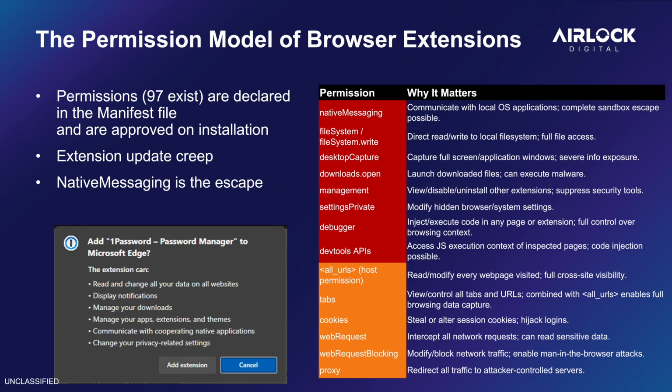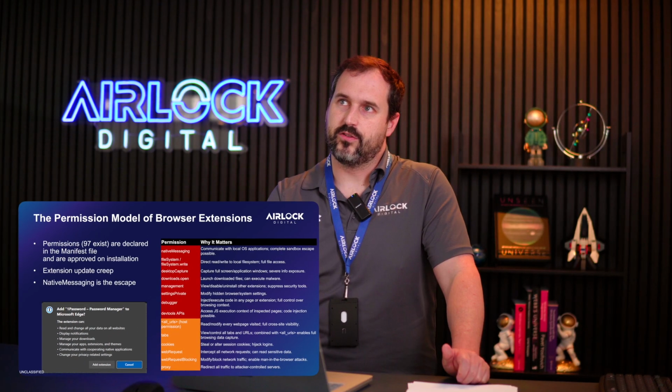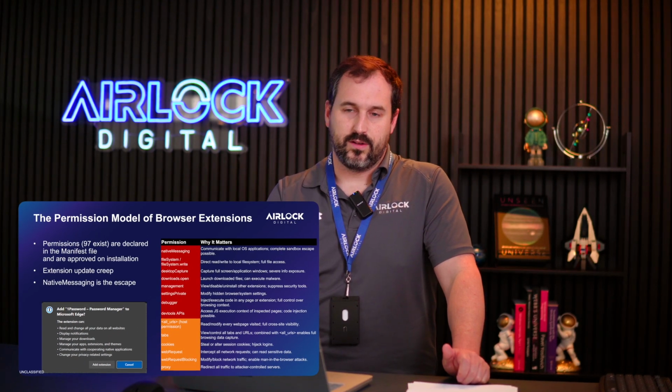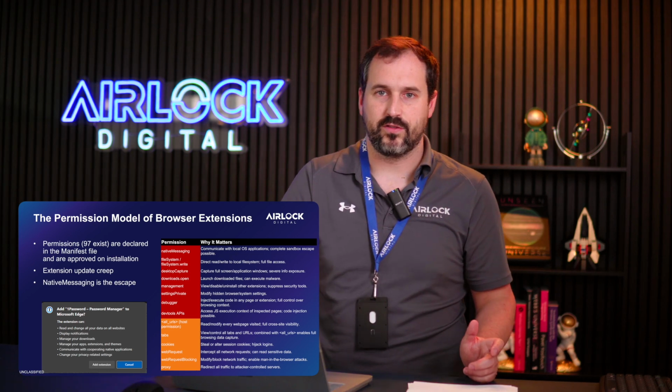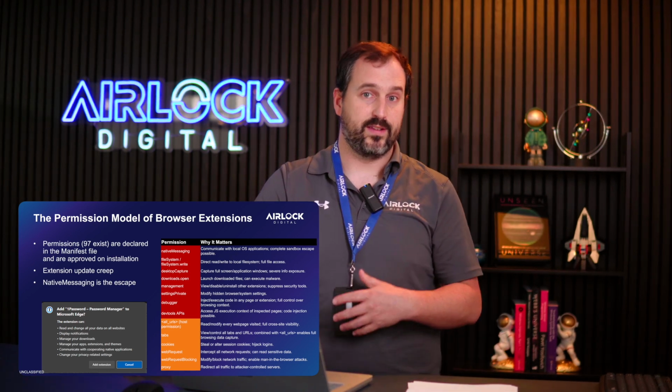So there's a table on this page which shows a number of different permissions, and different permissions are associated with different risks. The permissions up in the top red are ones that we think are higher risk permissions. There is native messaging, which is probably one of the highest risk ones, and think of native messaging as similar to link handlers. Basically, it's a pipe to an application that's outside of the browser that allows you to send data through it.